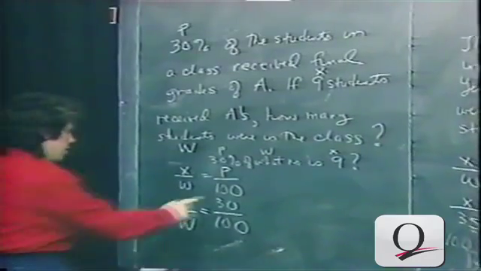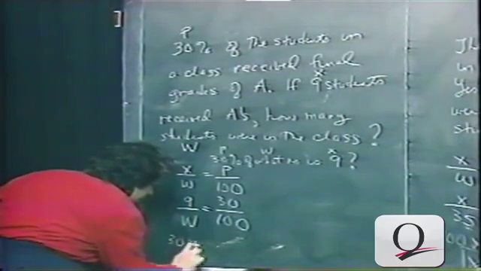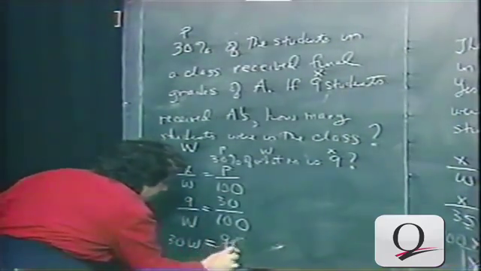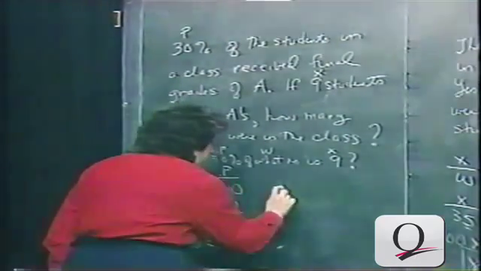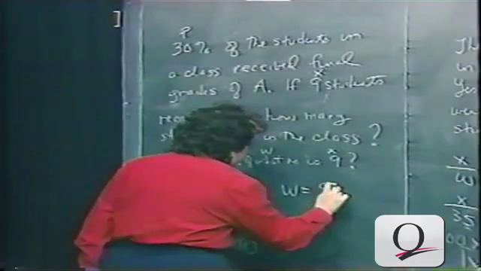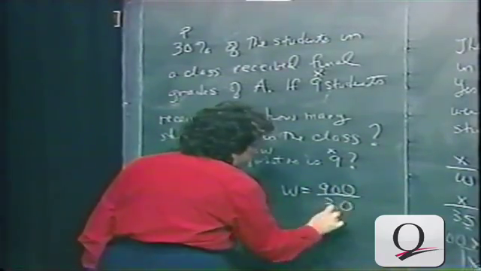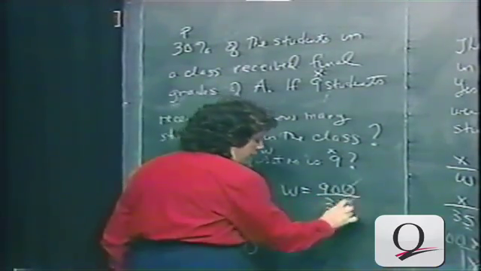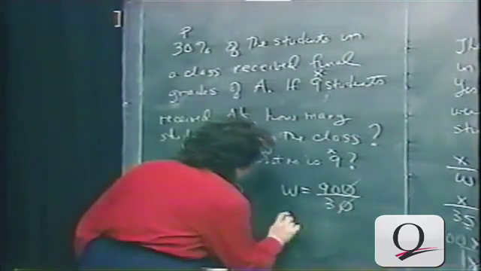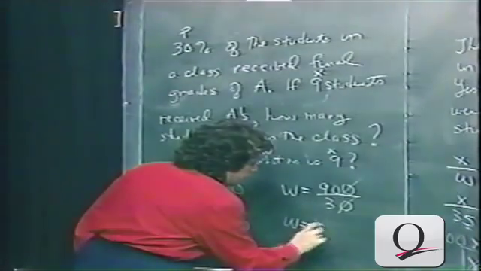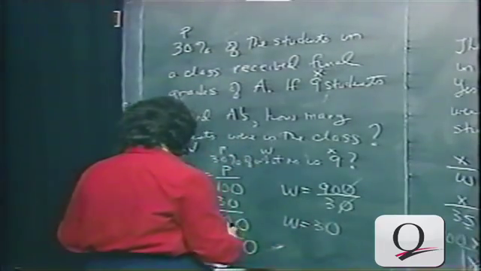Cross multiplying, 30 times W is 900. 30 times something is 900. That something must be 900 divided by 30. And 900 divided by 30 is the same as 90 divided by 3, which is 30. So there are 30 students in the class.